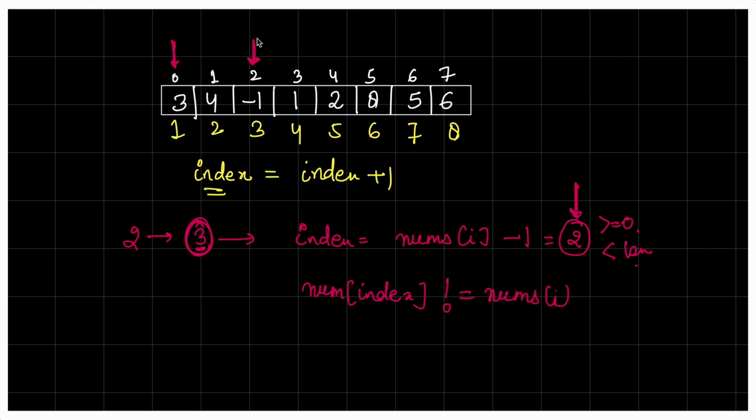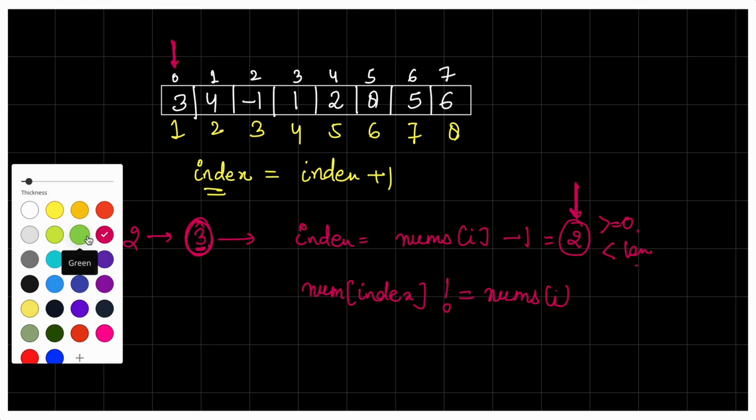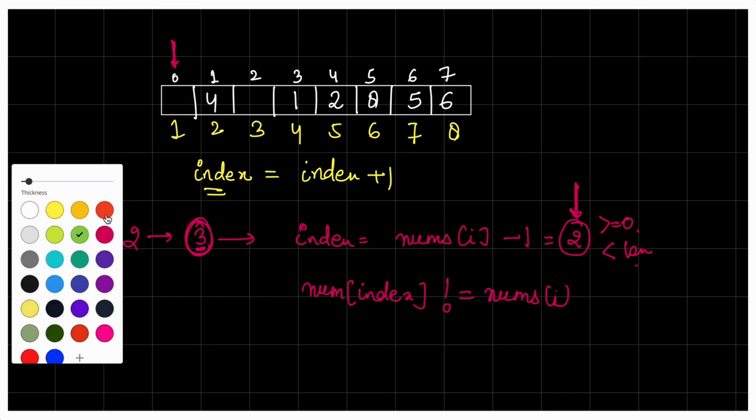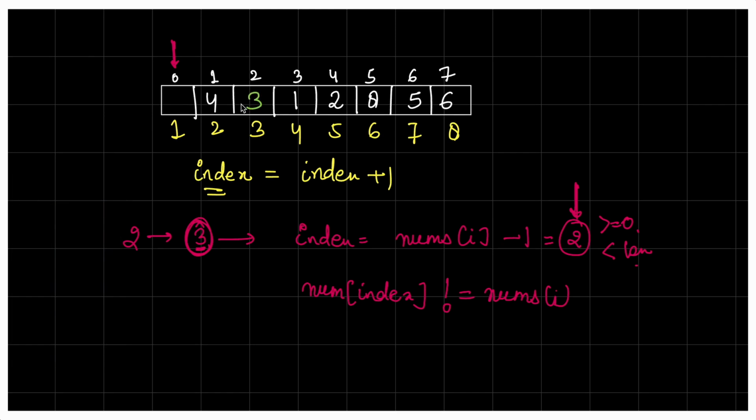So if the value at the second index is not equal to 3, we'll make a swap, because this 3 should be at the second index. At this point the second index does not hold the value corresponding to it, so it should have 3. So we'll swap these two values. 3 will come to the second index and minus 1 will go to the 0th index. Now this is done.